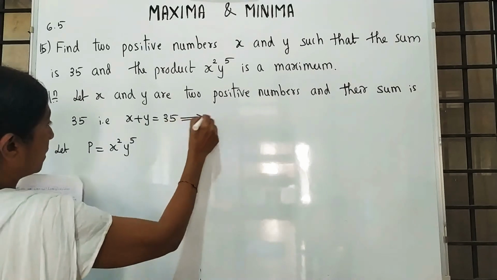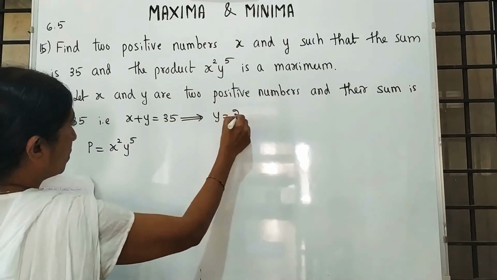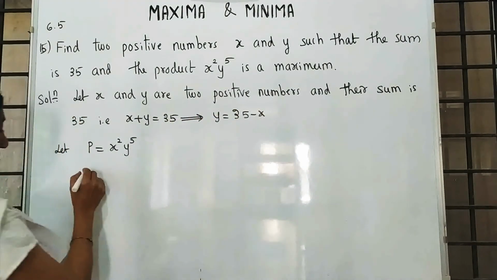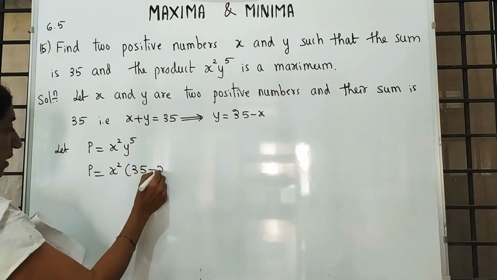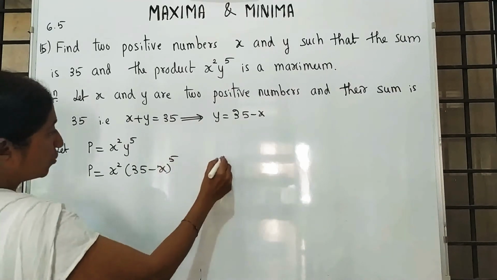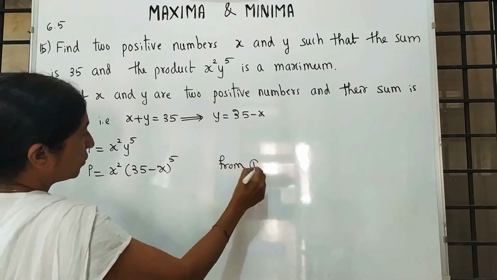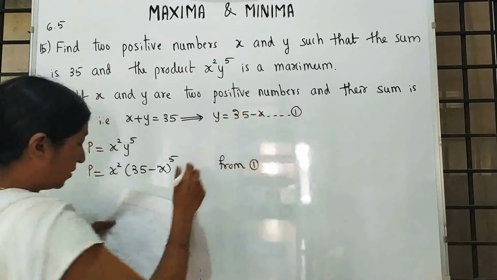With the help of this equation, y is equal to 35 minus x. So P is equal to x square into the bracket 35 minus x raised to 5. Let us call this equation 1.